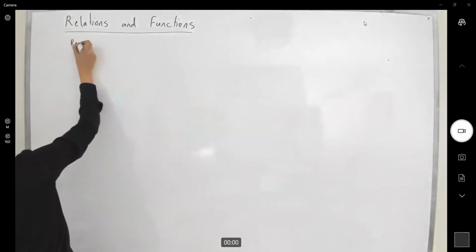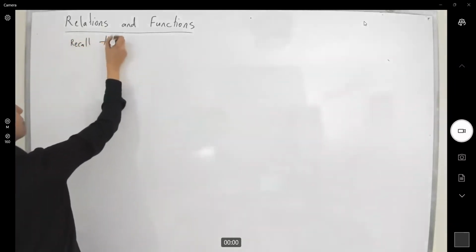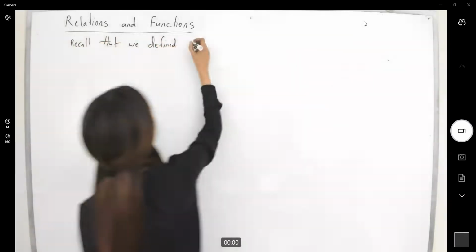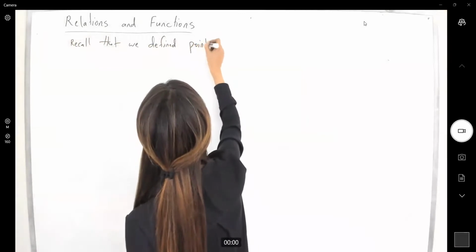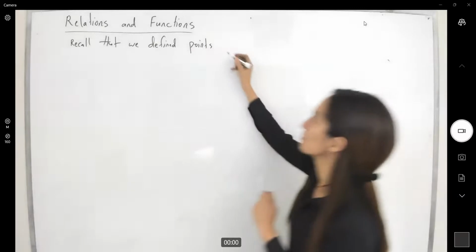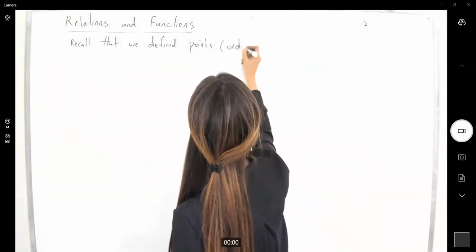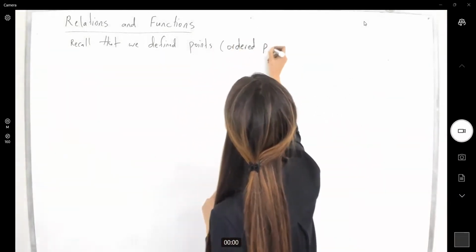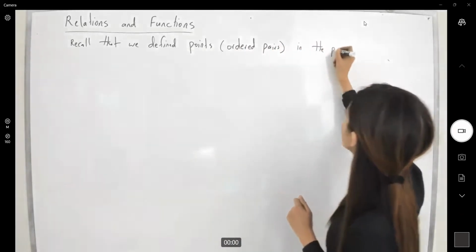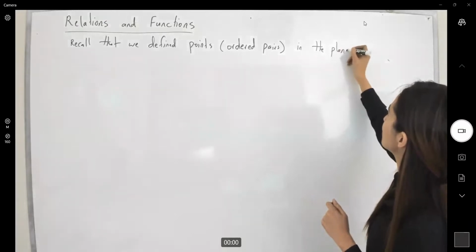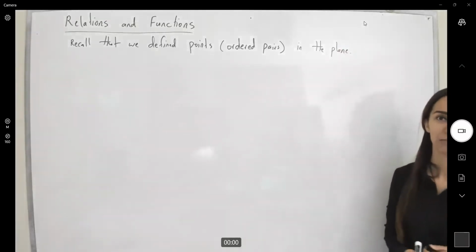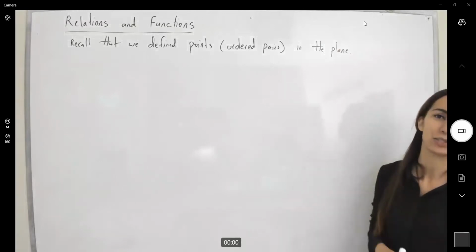Recall that points, or another name, ordered pairs, in the plane, the XY plane, Cartesian plane, or rectangular plane.